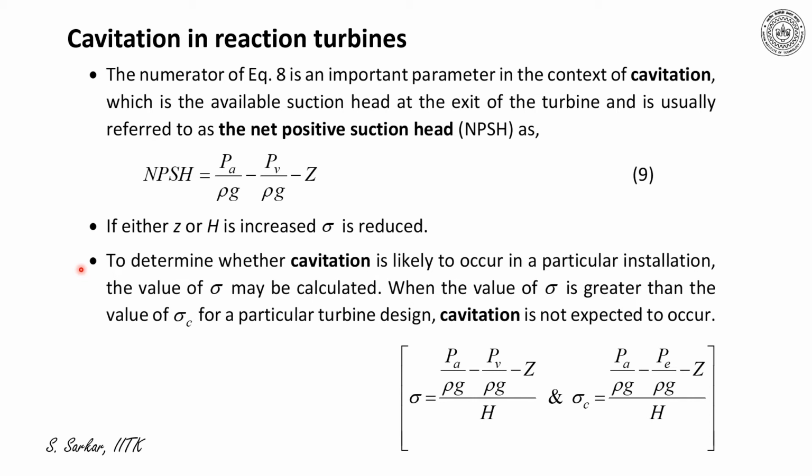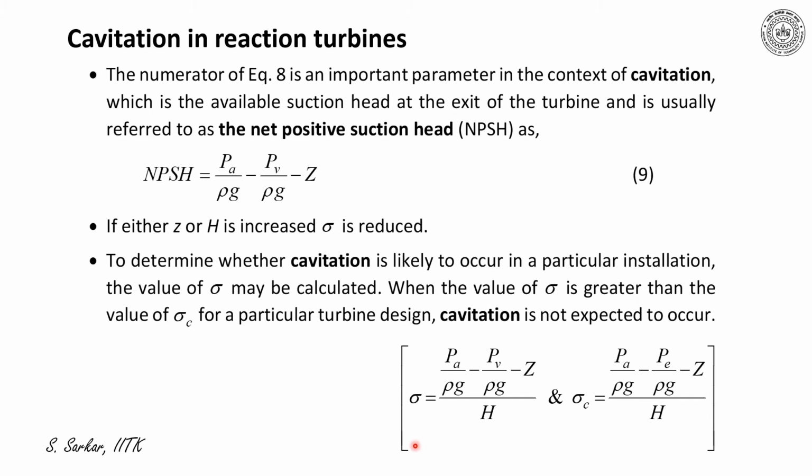When the value of sigma is greater than the value of sigma c for a particular design of the turbine, the cavitation would not occur.